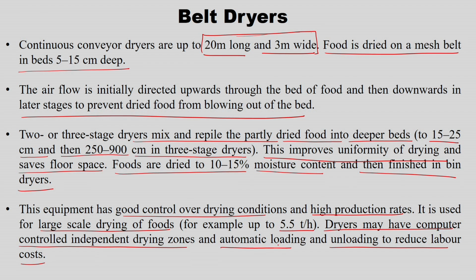And also the airflow is initially directed upwards through the bed of food and then downwards in later stages to prevent dried food from blowing out of the bed. So, it should not move off the conveyor belt. That mechanism is taken care of by the guiding rods.